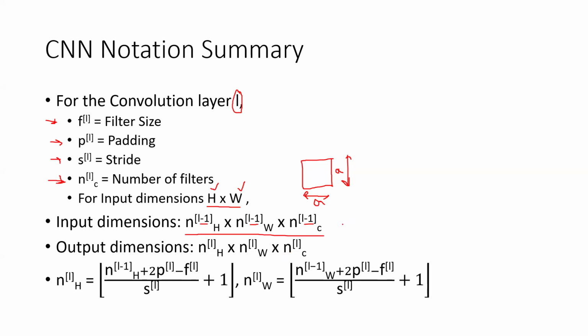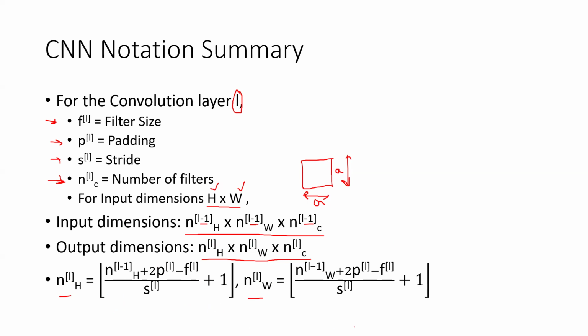Once you have processed in this convolution layer, what we get as the output is NHL, NWL, and NCL, where L is the current layer number. If you remember what we learned last week, this is how we calculate the height and the width of this matrix.